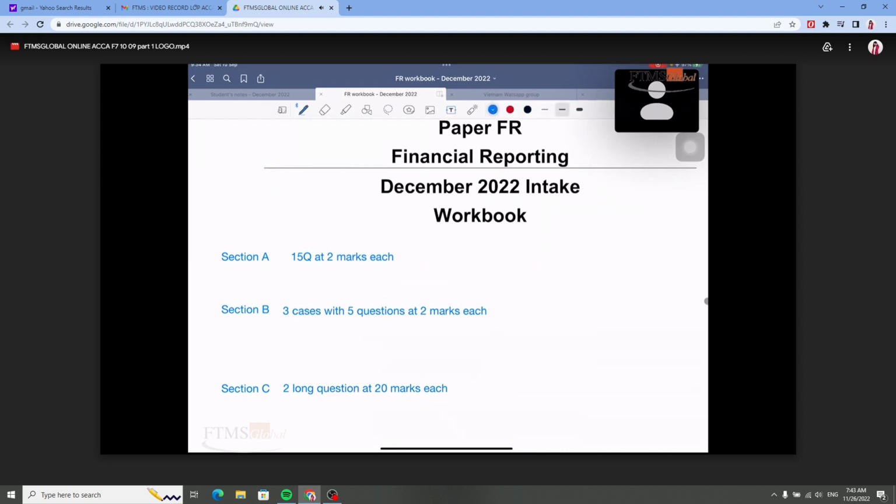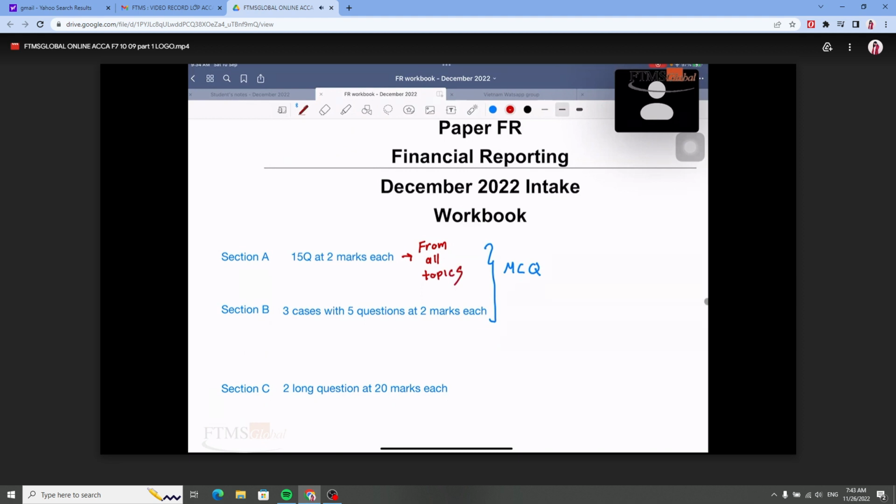section A and section B are both MCQ. The difference is that section A is from all topics.